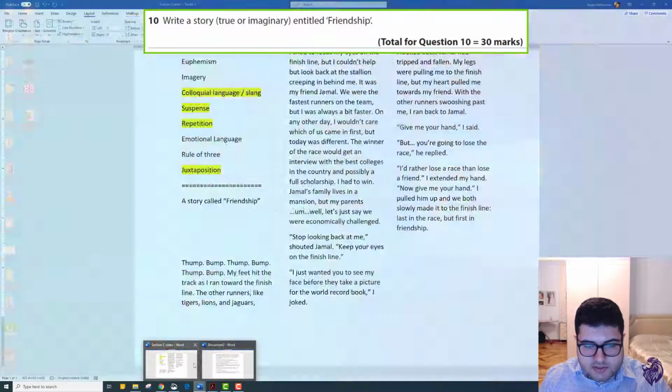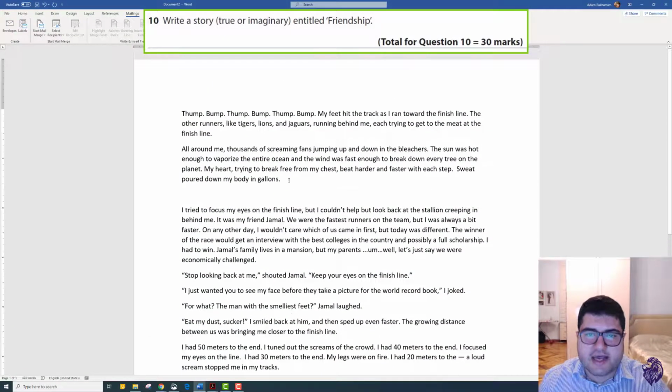As far as we have thump bump, thump bump, thump bump, that's onomatopoeia, words that mimic the sound. As far as narrative voice, my, I, that's all first person, so I'm writing from the point of view of the character.